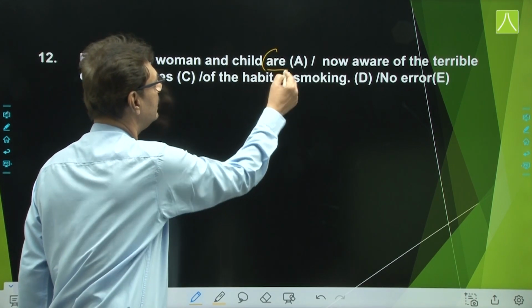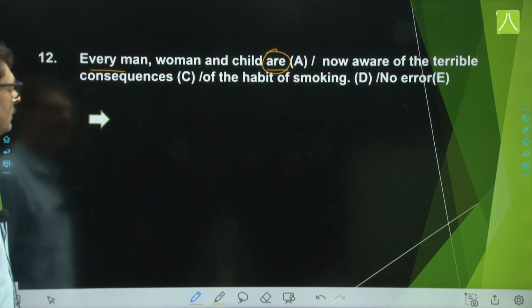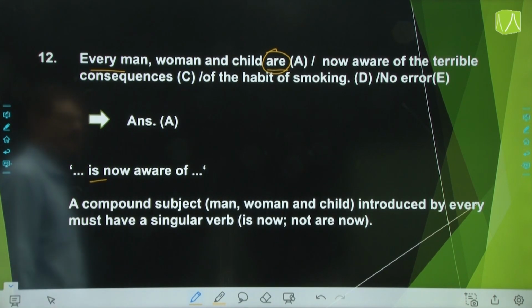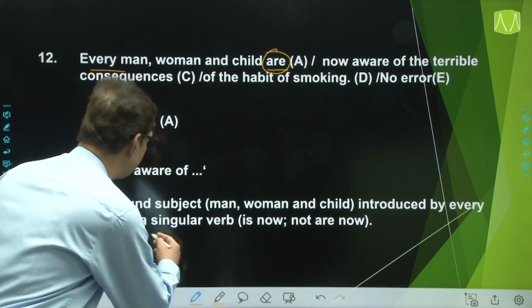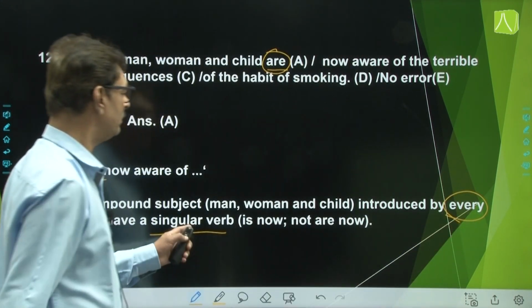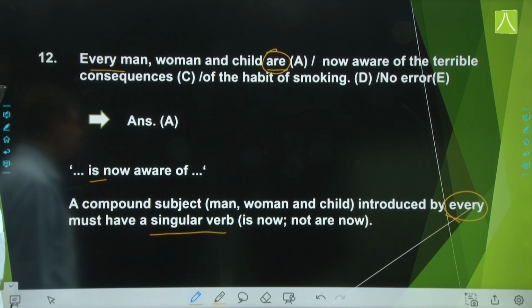So this error is in part A. This are should be replaced with is now aware of. So compound subject, man, woman and child introduced by every must have a singular verb. So is now and not are now.